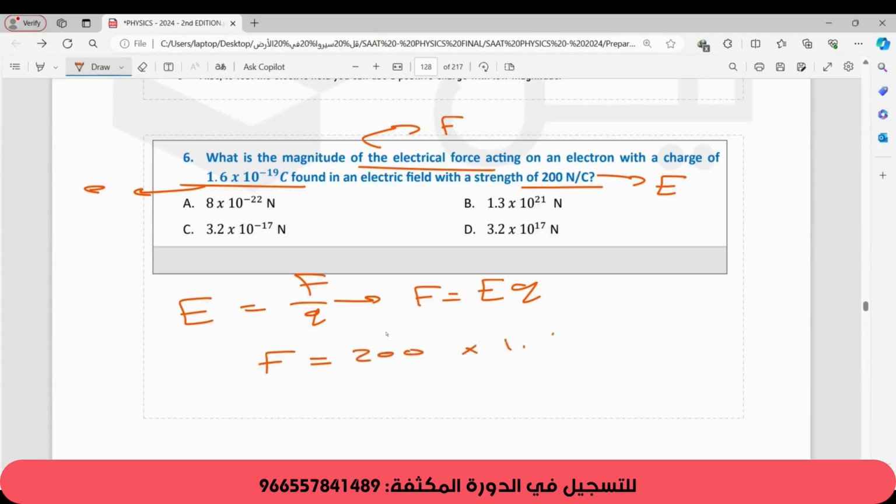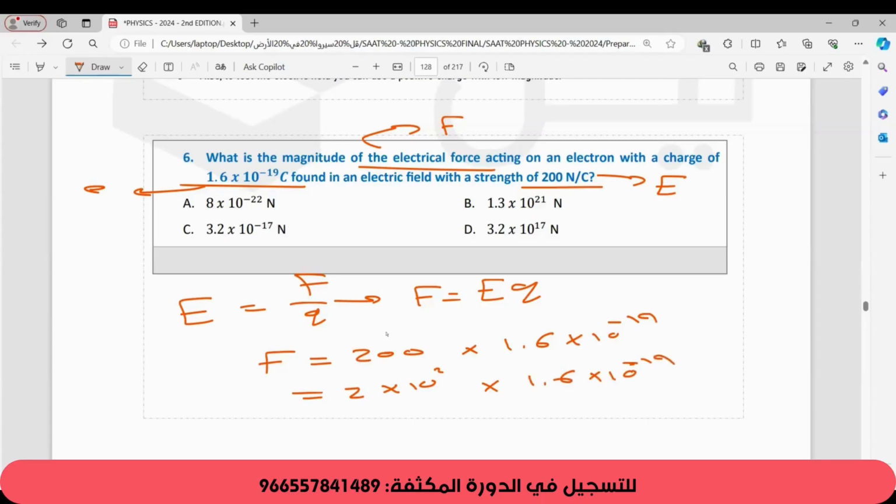If we substitute, we have 200 times the Q, which is 1.6 times 10 to the power minus 19. We can write 200 as 2 times 10 to the power 2, times 1.6 times 10 to the power minus 19.